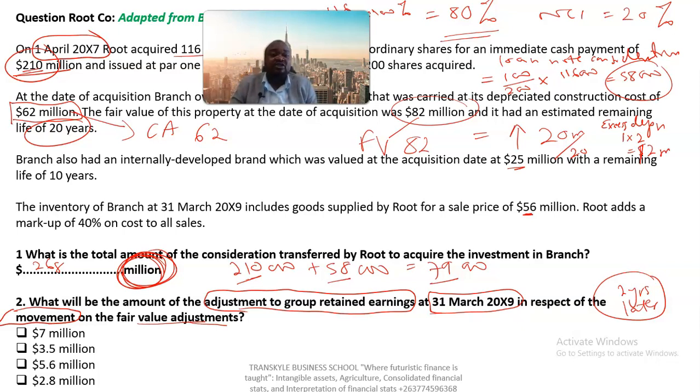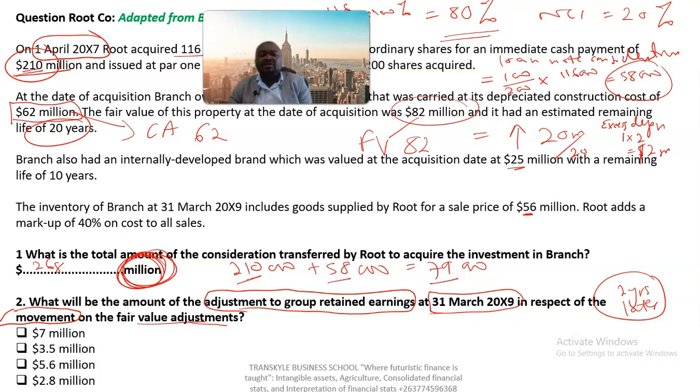It's not part of the post-acquisition adjustments. Here we are looking at post-acquisition adjustments, which are going to affect our retained earnings figure. So don't confuse the two.